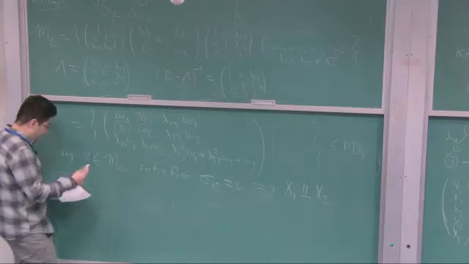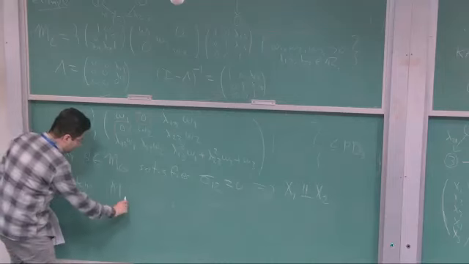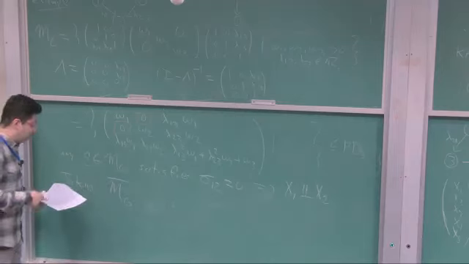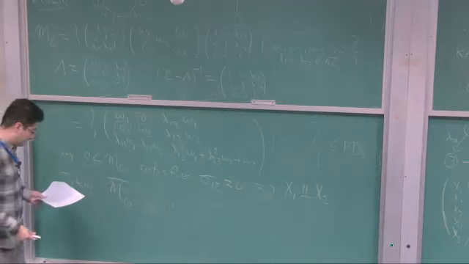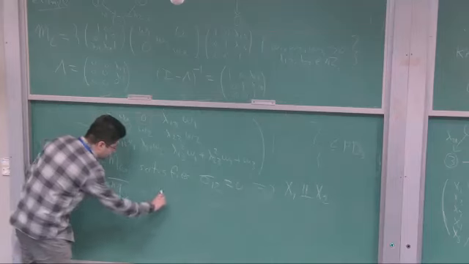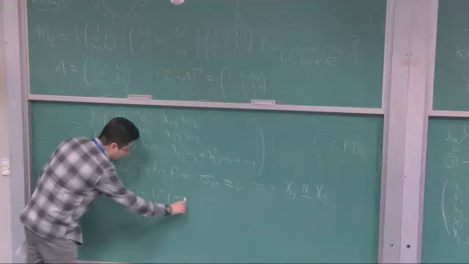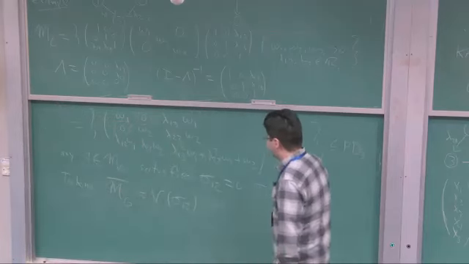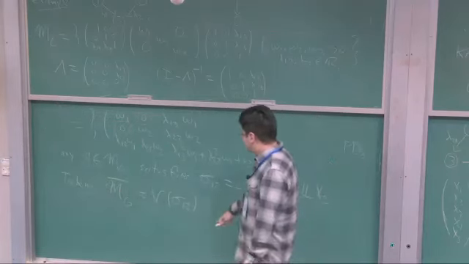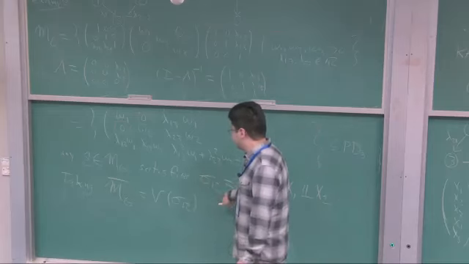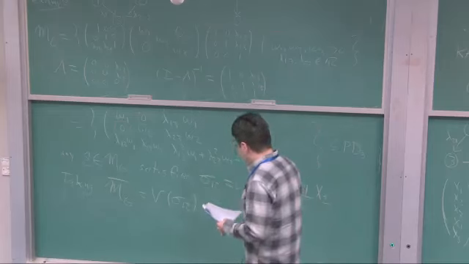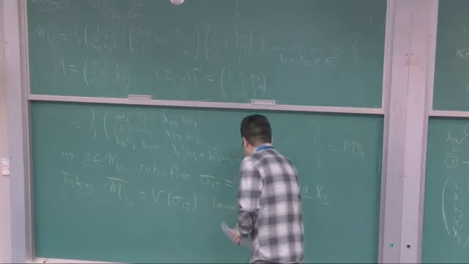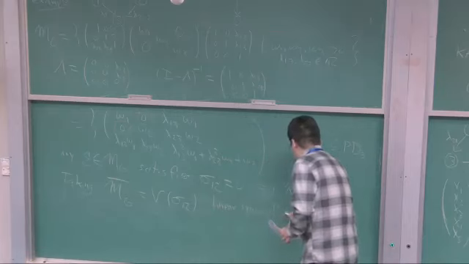And so if we take the Zariski closure of this MG in the space of symmetric matrices, then this is V of sigma 1,2, the vanishing set of just the equation sigma 1,2. So it's a linear space of symmetric matrices.